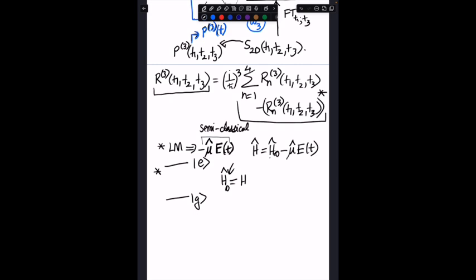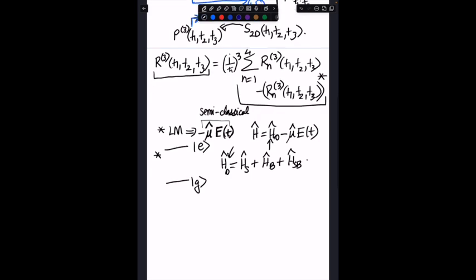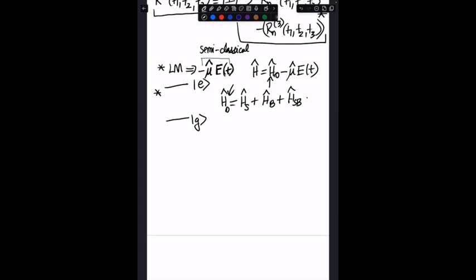And then your matter system, your H0, has a system component, a bath component, and a system bath interaction or coupling component. And as we had previously discussed from the previous lecture, for the two level system, the system Hamiltonian has only one term, which is h bar omega Eg.